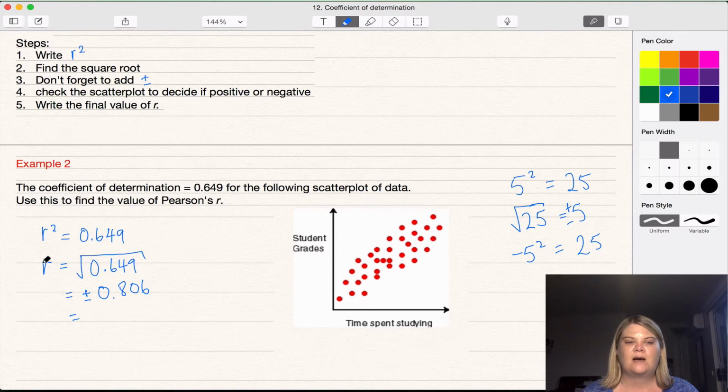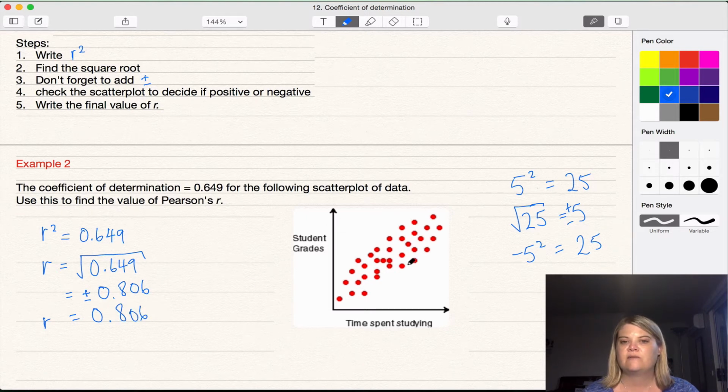Now we're looking at r, which is the correlation coefficient. And we've got the scatter plot here, and we can easily see this is a positive scatter plot. It's not negative, it's going up towards the right hand side, looks like positive. So that means we can discount the negative value here and say r equals positive 0.806.